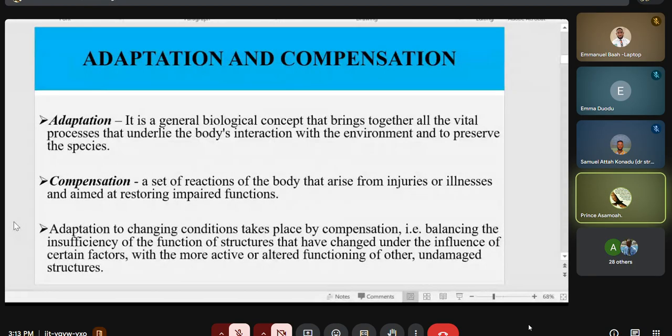Now we are done with cellular reactivity, or reactivity of cell. Now let's look at a concept in pathology called adaptation and compensation.